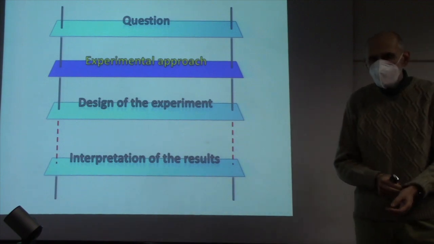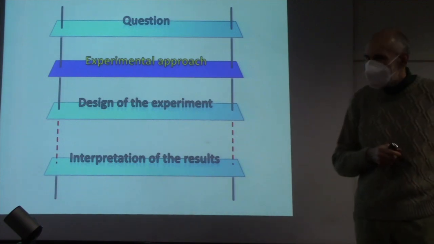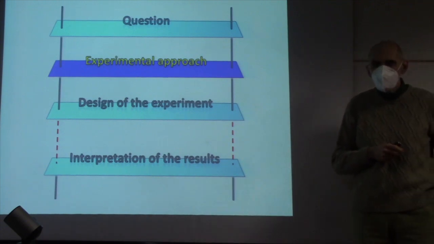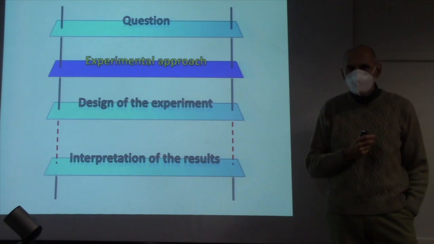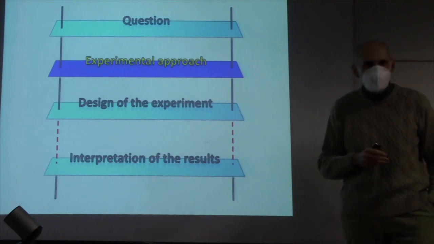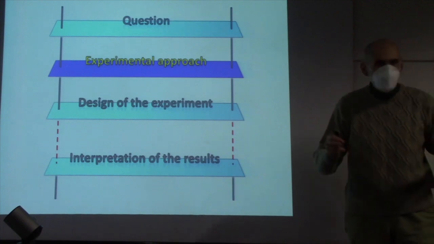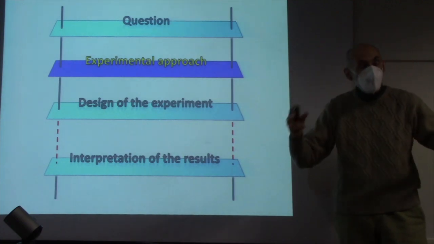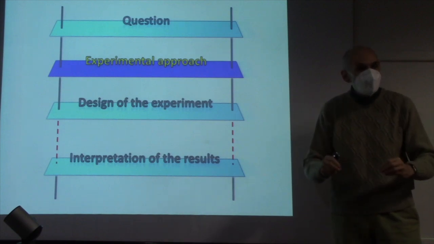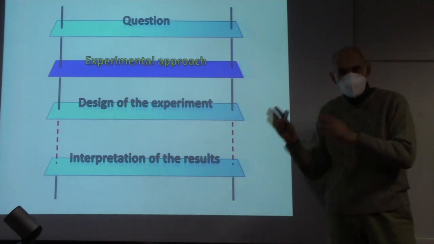I always make a parallel with the work of an architect. When an architect imagines a building, he doesn't start from the electric system or the elevator tube. He starts from a drawing of the whole building. Then he designs the details. And so does a scientist.